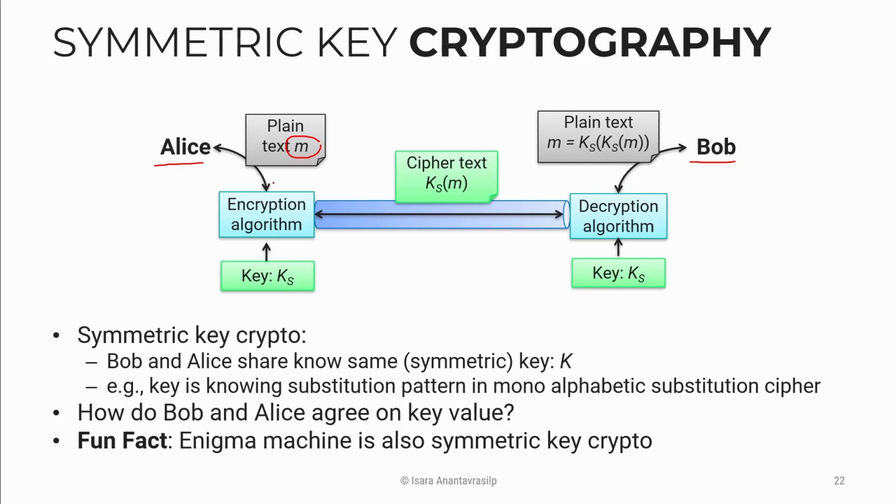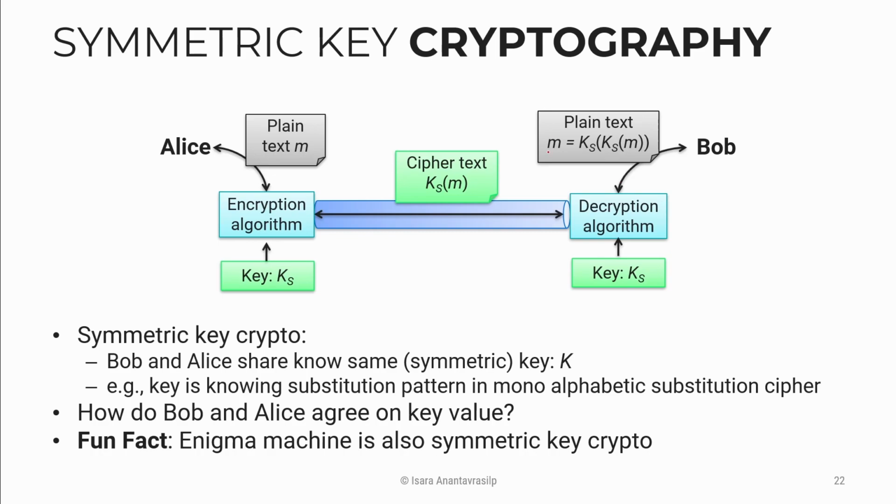Alice used an encryption algorithm to encrypt plain text with the key KS. S here stands for symmetric key, and we have this ciphertext KS(M) denoting that we are encrypting message M using key KS. When Bob wants to decrypt the message back to the original plain text M, he uses the decryption algorithm along with the symmetric key KS.